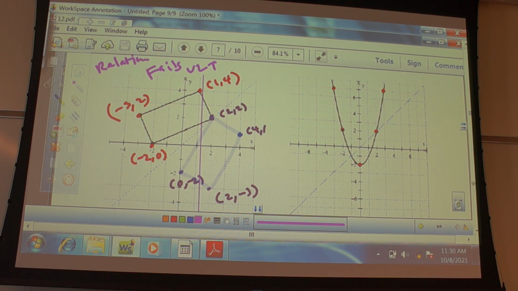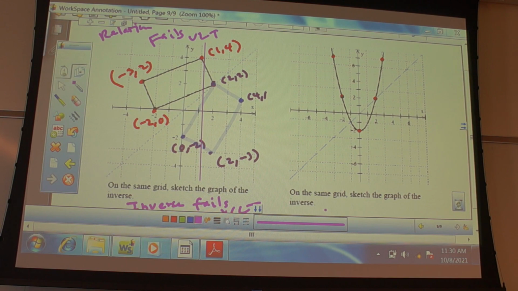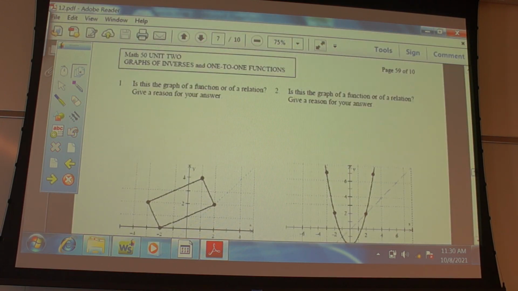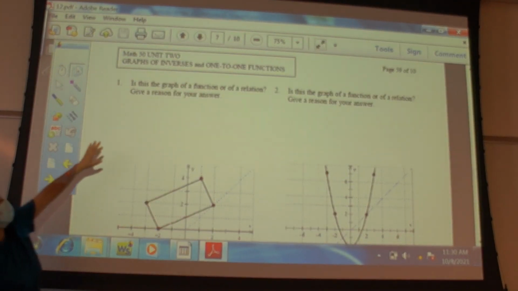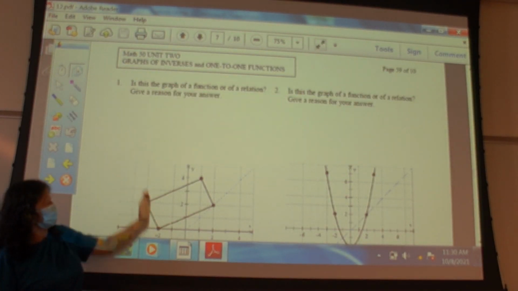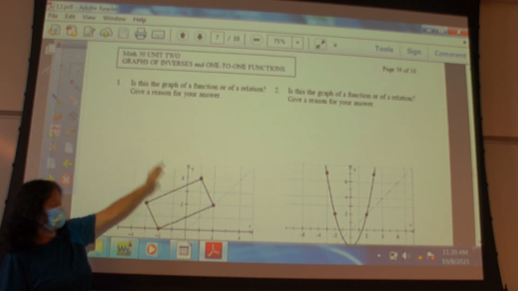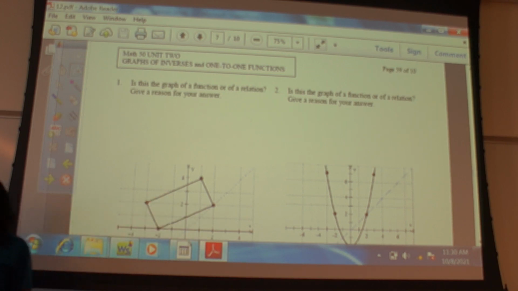So you're going to put those into their respective spots. First you're going to do the vertical line test, say whether the original is a function or relation, and then you're going to sketch the inverse, and say whether the inverse is a function or relation.